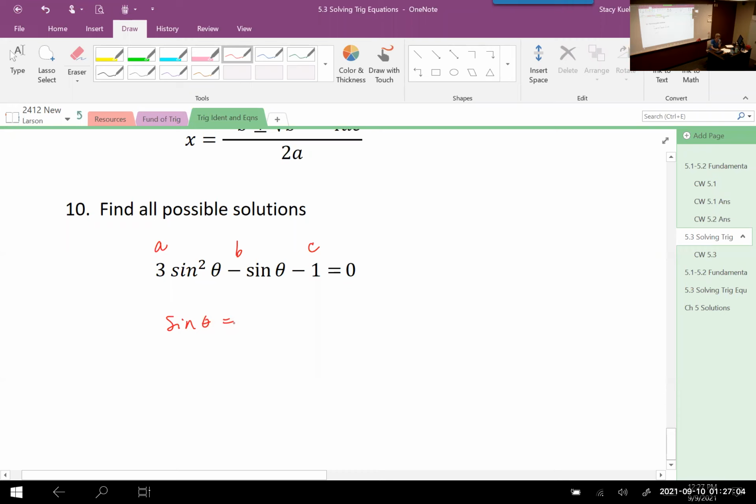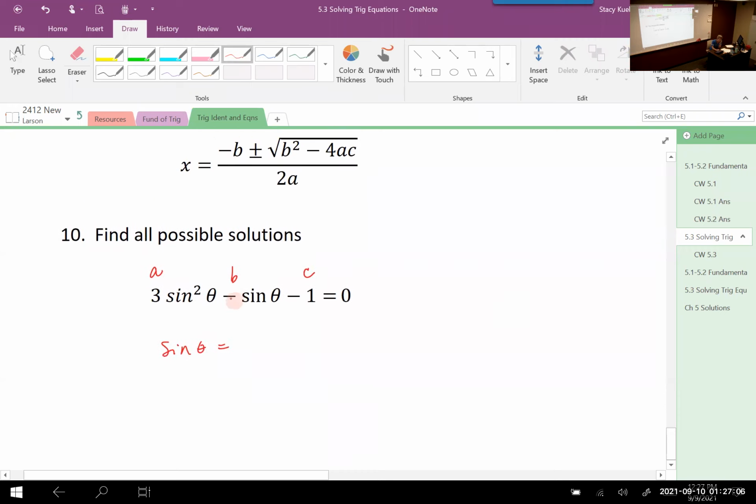That's how we interpret this. So I would have negative b plus or minus the square root of b squared minus 4 times a times c, all over 2a.